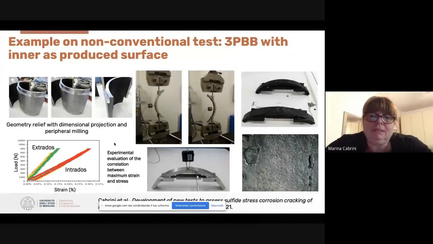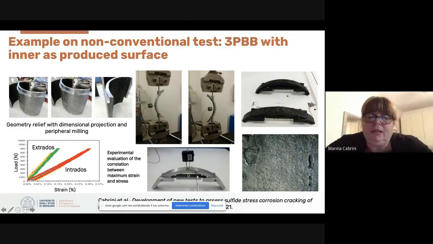We have done some development of this method using, for example, a calibration in this mode in order to have a relation between the strain on this part of the pipe, the external and the inner surface, in order to have a relation between the external strain that corresponds to the inner strain.